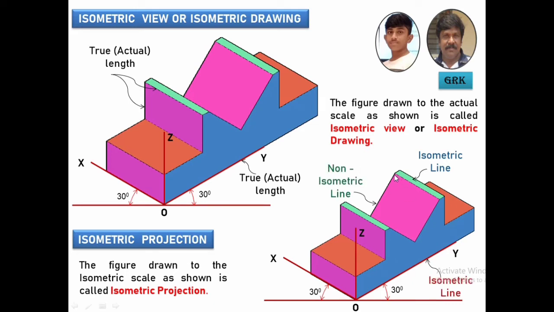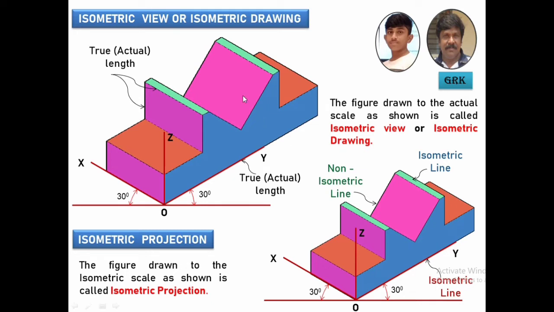If any other line is inclined, not parallel to the 30-degree line or the horizontal line, then we are going to call that line a non-isometric line. To get the non-isometric line, we have to mark the isometric lengths. We'll understand all these things when I start up with the problem.